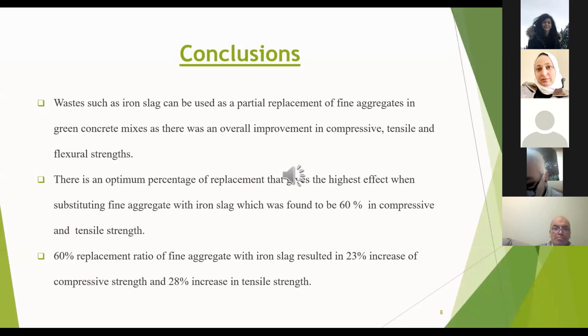A 60% replacement ratio of fine aggregate with iron slag resulted in a 23% increase in compressive strength and a 28% increase in tensile strength.